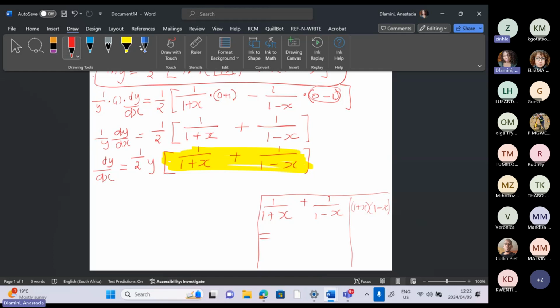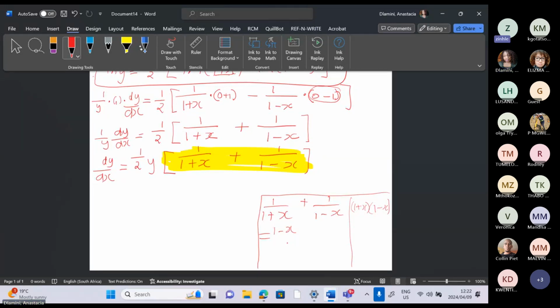Okay, so that is our common denominator. Then we say 1 plus x into our denominator, we have 1 minus x. So you're saying here we have 1 minus x on top. Yes, 1 minus x.